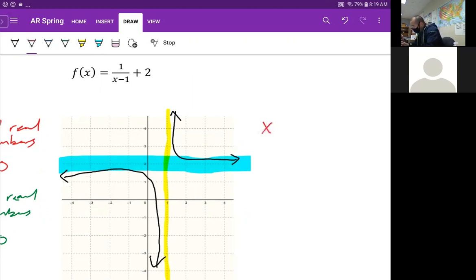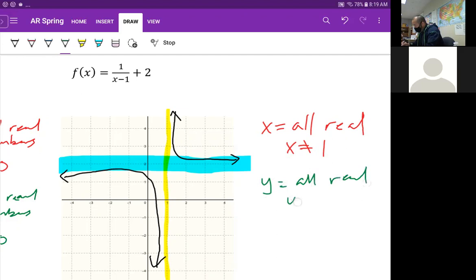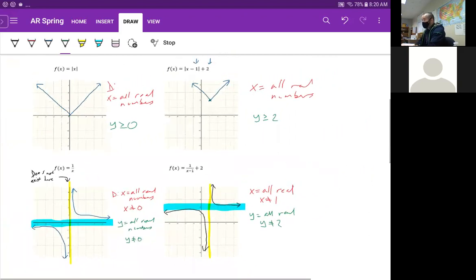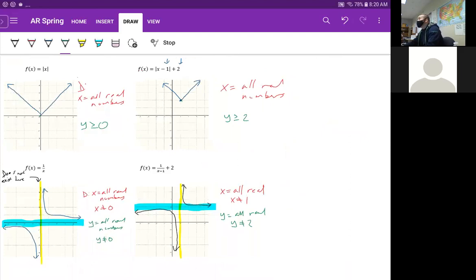So x equals all real except for x is not equal to 1. And then y equals all real, except y is not equal to 2. Right. So that's how these work.